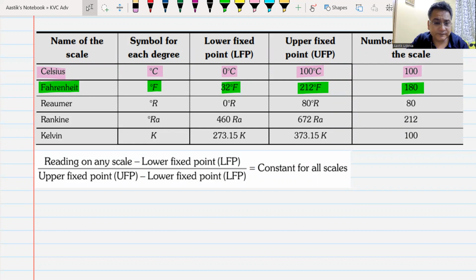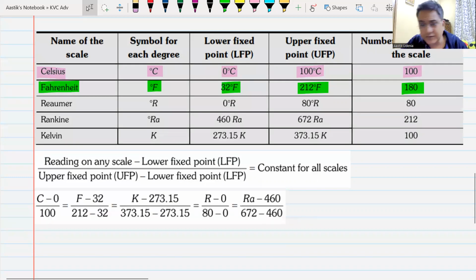Yes or no? Now, based on this, if you use it for all these scales, you will get a relation between all these scales. And this is the relation. First, listen to me and then write. C minus 0 divided by 100 will be equal to F minus 32 divided by 212 minus 32 and so on. K minus 273.15.